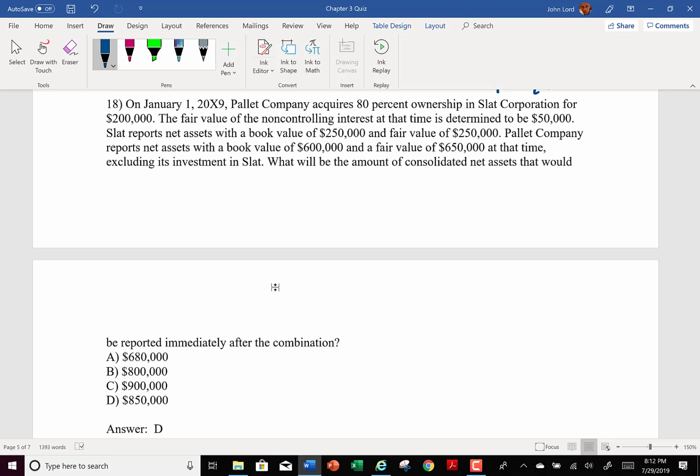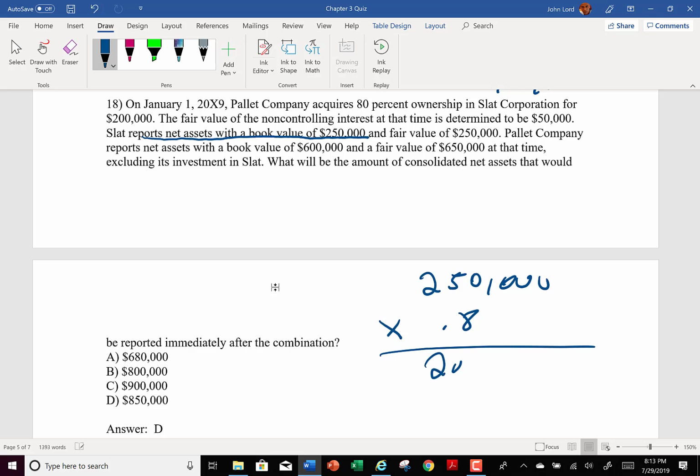Fair value, book value, whatever. Now, how do I know that fair value and book value are the same here? Well, they tell me that net assets are $250,000. And if I take $250,000 and I multiply that by 0.8, that means that I paid book value for those assets, didn't I?